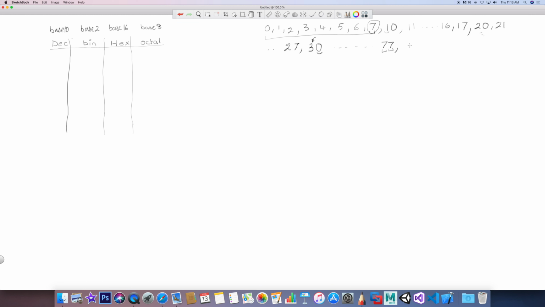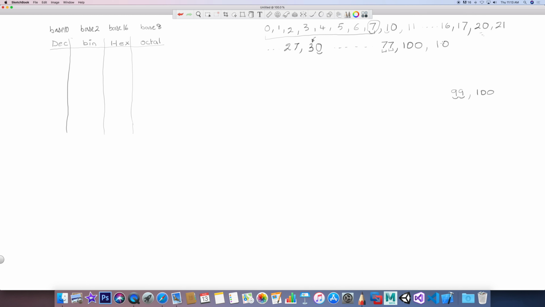Just like in the decimal numbering system, when we reach 99, which is the max value for each digit, we go to 100. Well, guess what? We're going to go to 100 and then start over.